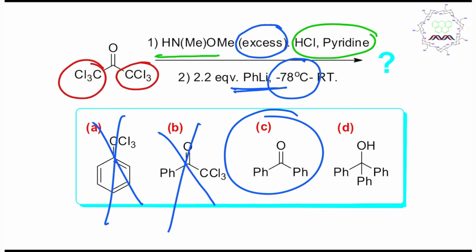What do I mean by the statement? At this lower temperature, the adduct produced by the nucleophilic attack is stabilized by chelation with the hydroxylamine derivative. That's why C is the product. So D is not possible here.